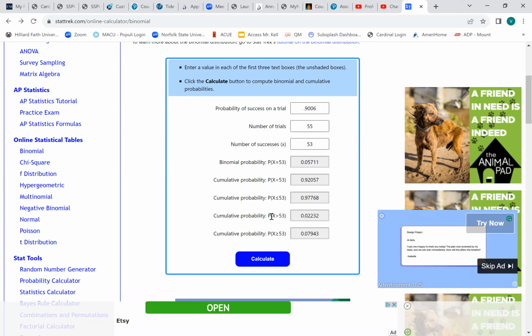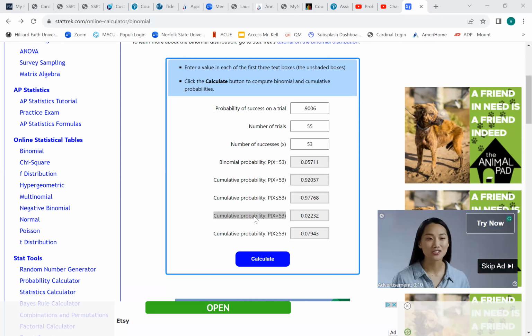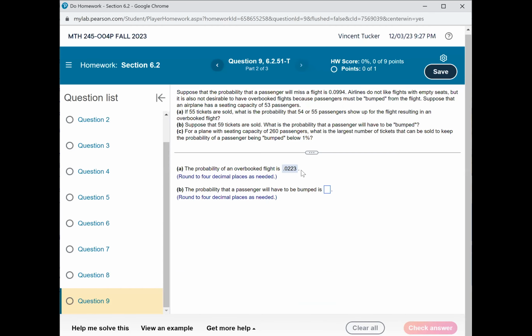We go right here, greater than 53, and it is 0.0223. They asked us for 4 decimal places.